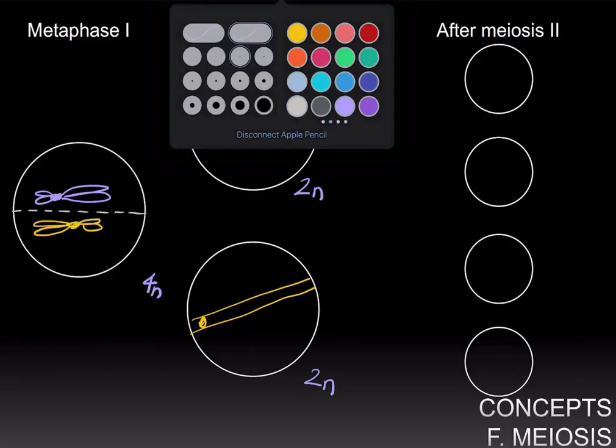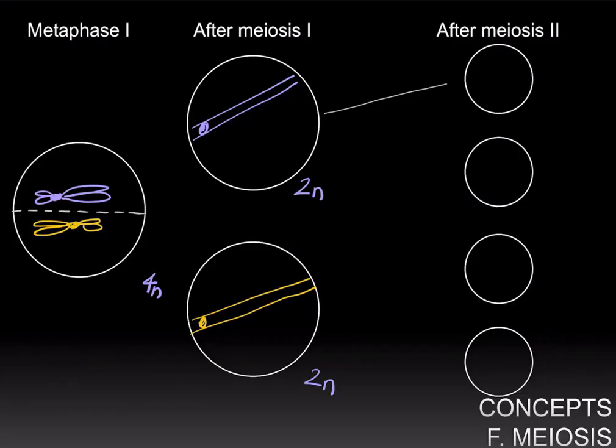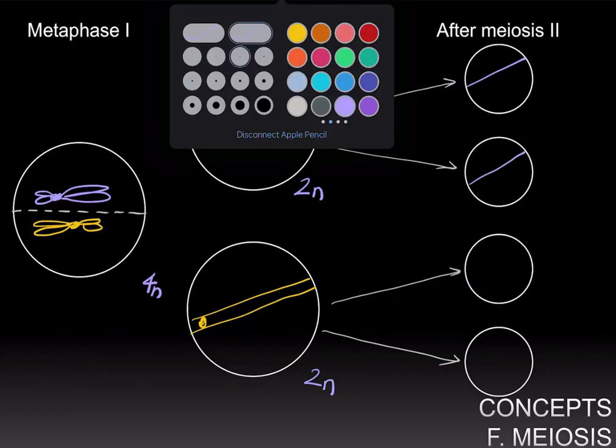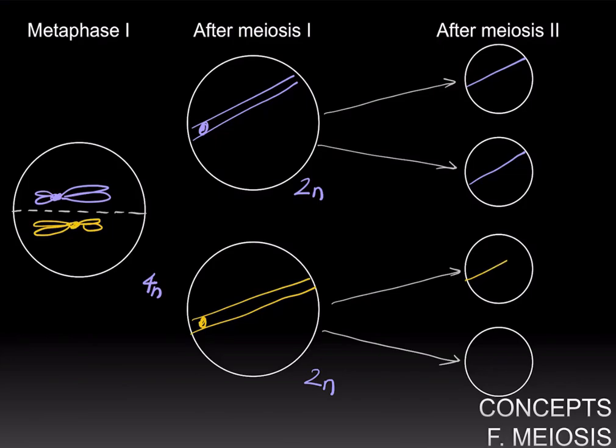And I will not go into all the details of meiosis 2, but the bottom line for meiosis 2 is that the sister chromatids get separated, and therefore 2 gametes get the paternal homologue of the chromosome, while 2 gametes get the maternal homologue of the chromosome.